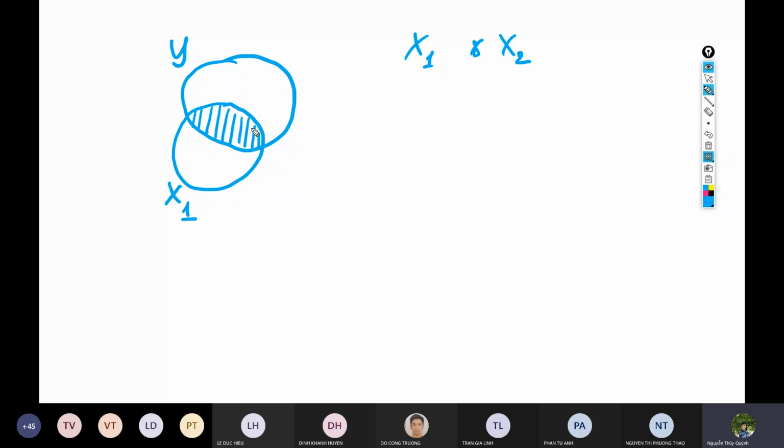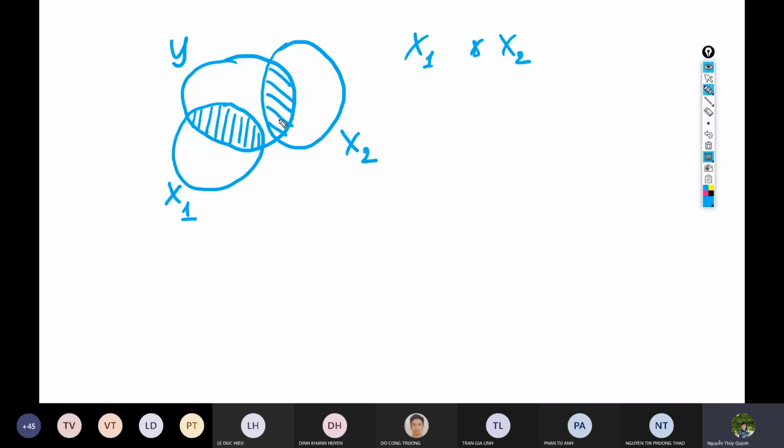Maybe in the case when there is no correlation between x1 and x2, which means that x1 and x2 are independent, this one will be x2, and this part is the information that x2 explains for y. These two parts of the information in y are different parts, which means there's no intersection between these two areas.